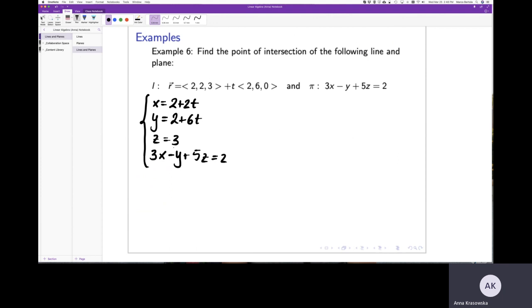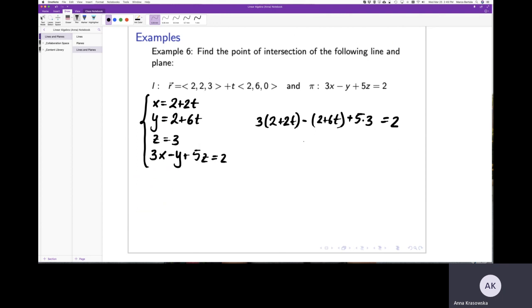Again, we replace x with 2 plus 2t, we replace y with 2 plus 6t, we replace z with 3. That must be equal to 2. So the fourth equation will be just an equation with one unknown.